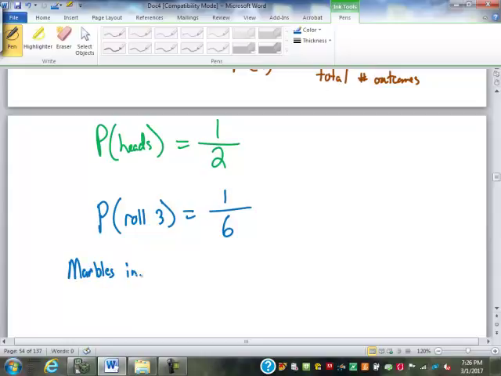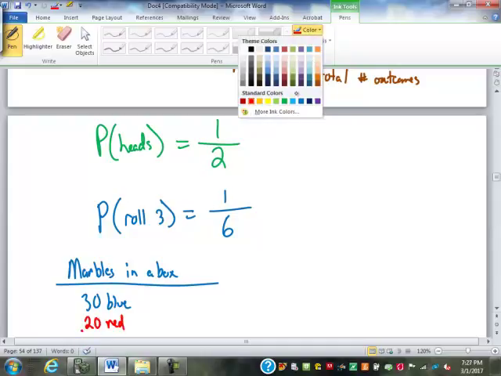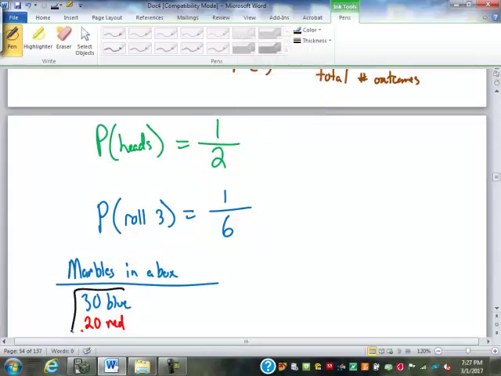So now let's look at something just a little bit more complex. We're going to put marbles in a box. We're going to put in 30 blue and 20 red in the box.